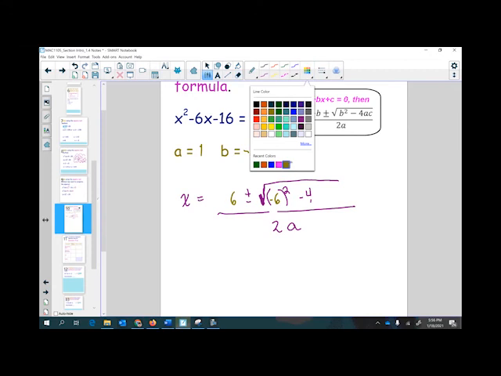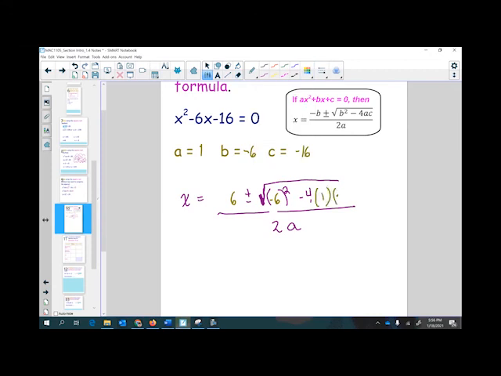So let's go ahead and put those in. We're going to do 4 times 1 times -16. And then underneath, we can replace the a here also with 1. Fix our 4 here. It's got a little bit erased.